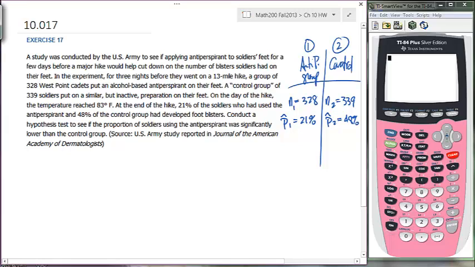And conduct a study, this hypothesis test, to see if the proportion of soldiers using antiperspirant was significantly lower than the control group. So if we call this proportion of people who develop foot blisters, let's call this success of developing foot blisters. Let's say P is going to be our random variable, P is going to be the proportion who developed foot blisters.